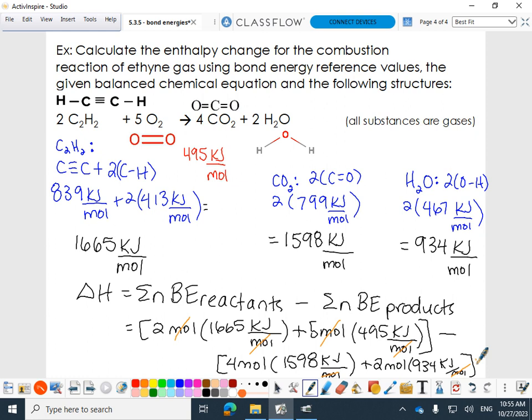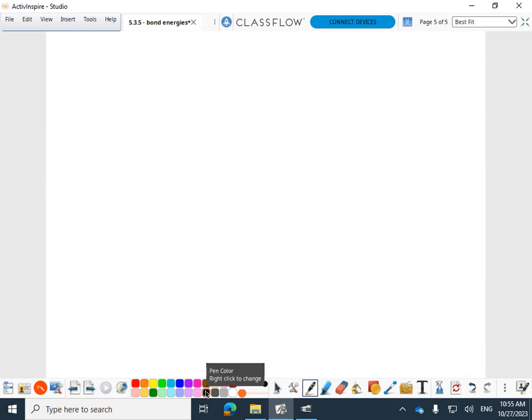Okay, so I'm going to do 2 times 1665 plus 5 times 495. I'll write that down, and then minus, and then I'll do 4 times 1598 and plus 2 times 934. The moles have been canceled out because we multiplied by the coefficient.